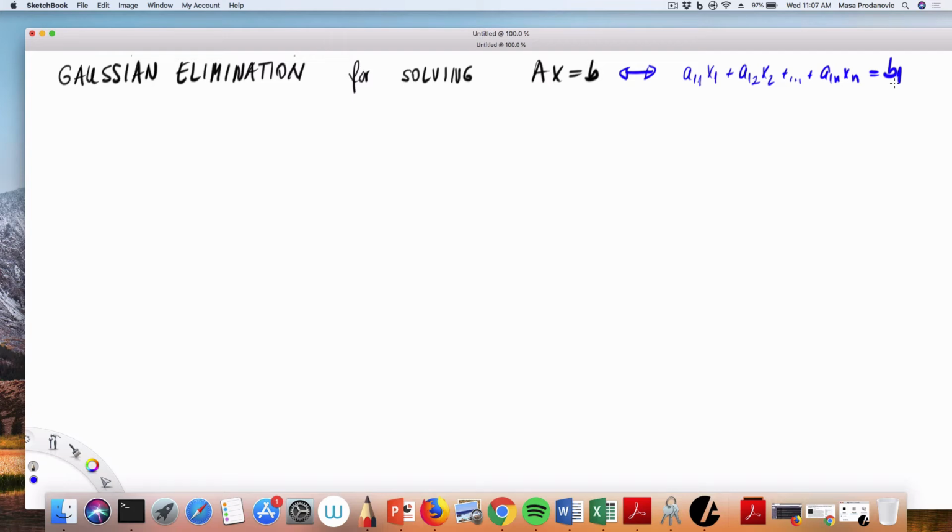When I'm multiplying matrix A and vector X, I get it by doing a dot product of the first row of matrix A and the column vector X, right? And then I have the second equation. And this B1, B2, that's my right-hand side. That's the elements of vector B.